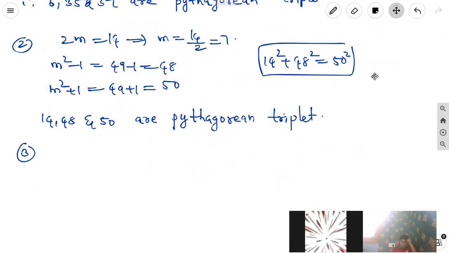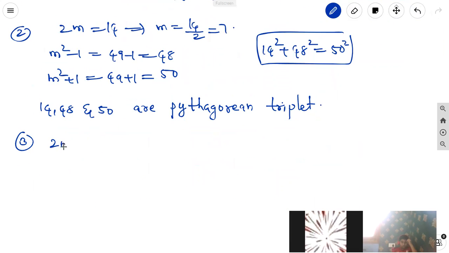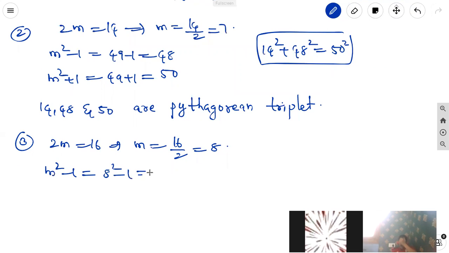16. 2m equal to 16. m equal to 16 by 2. It's 8. m square minus 1. 8 square minus 1. 64 minus 1 is 63. m square plus 1. 8 square plus 1. 64 plus 1 equal to 65.